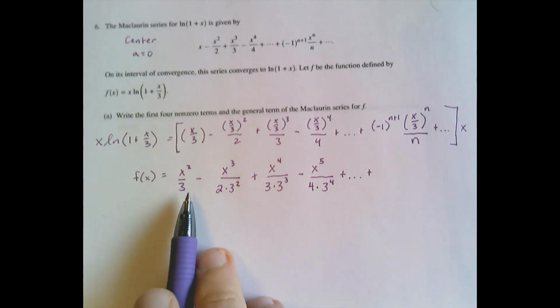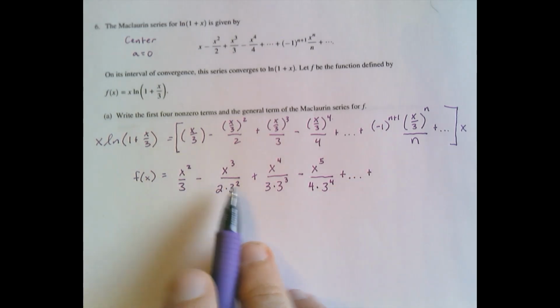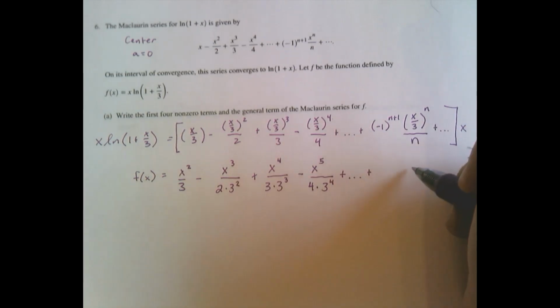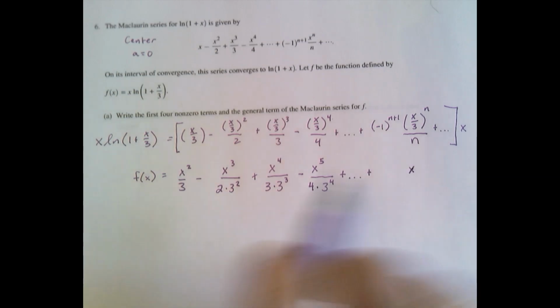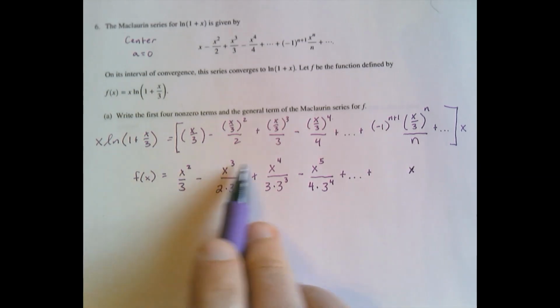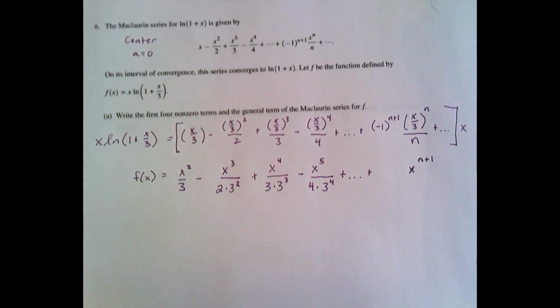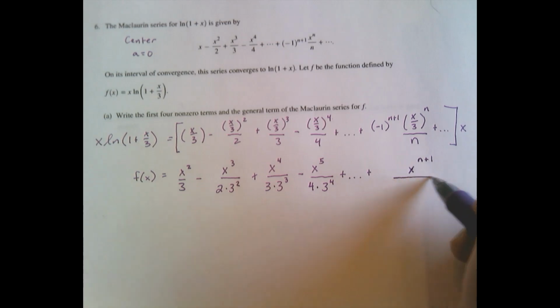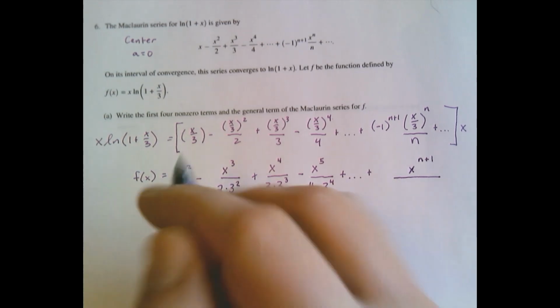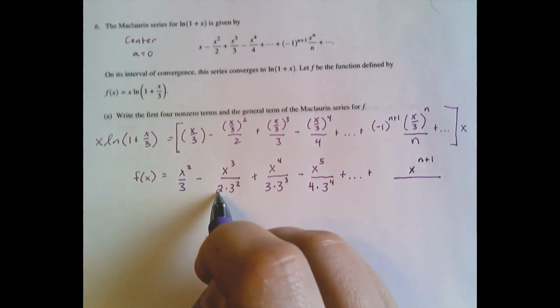And what we can see is our nth term. This is our first term, second term, third term, fourth term. So our nth term is going to be x to the n plus 1th. Again, first, second, third, fourth, so we see 2, 3, 4.